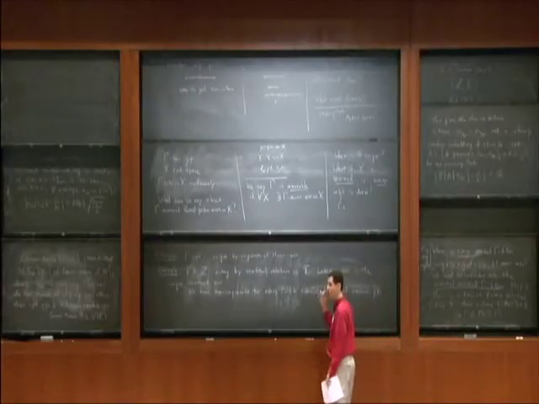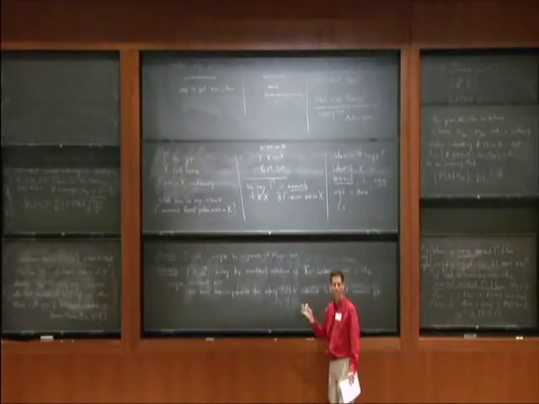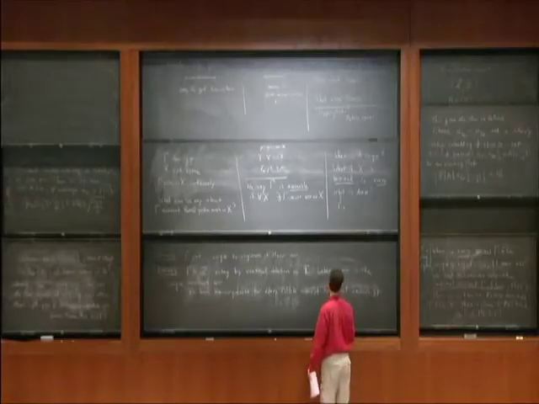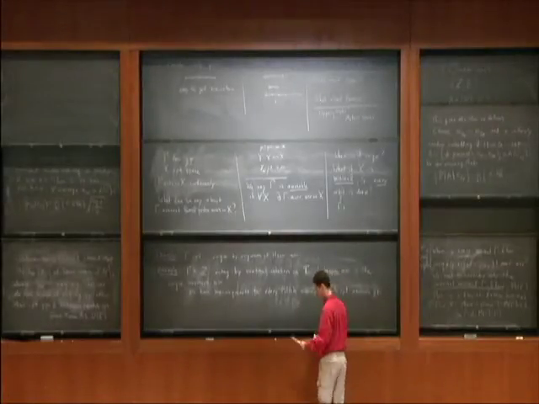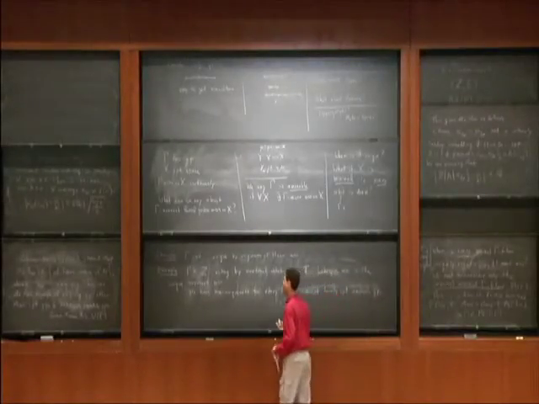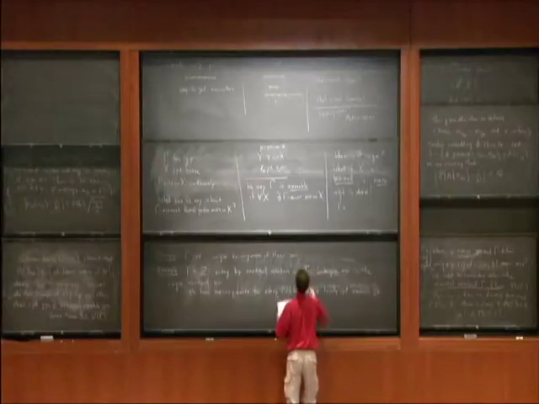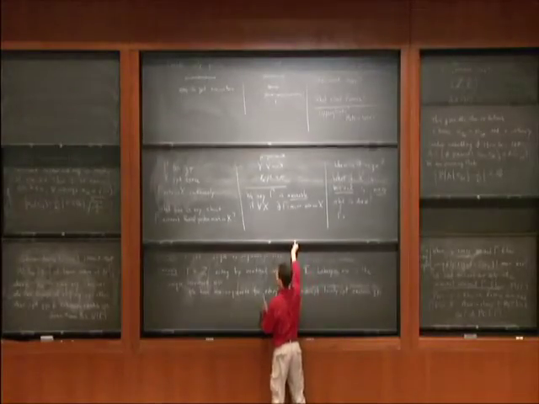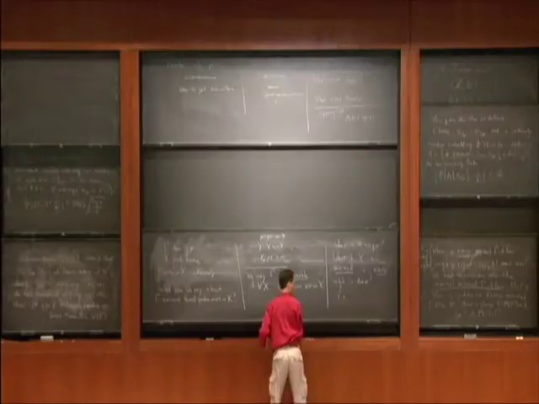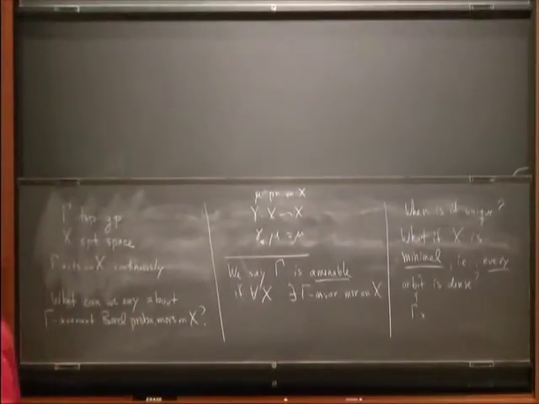Okay, so what we do is give the next examples. And in particular, the automorphisms of R, the random graph.